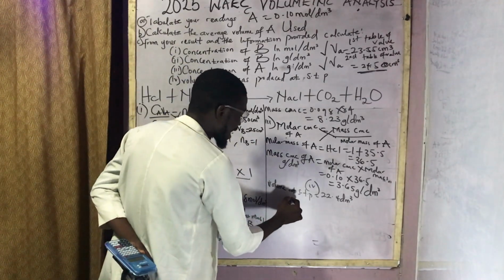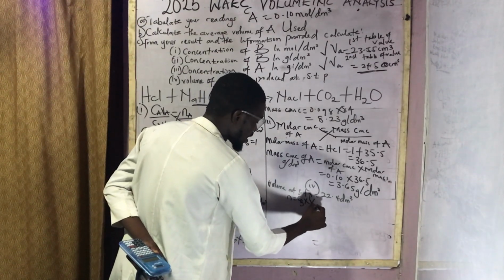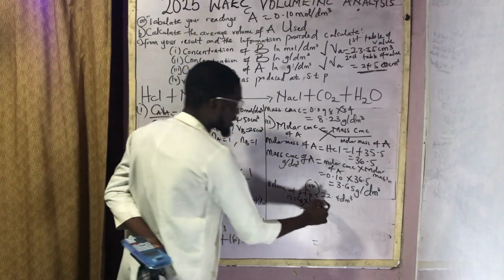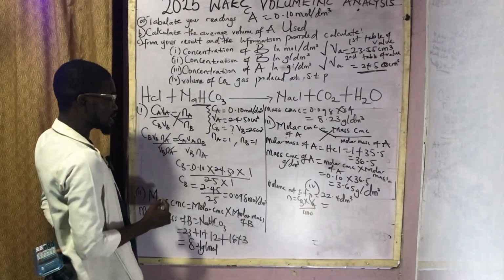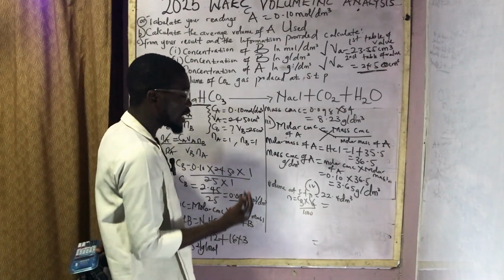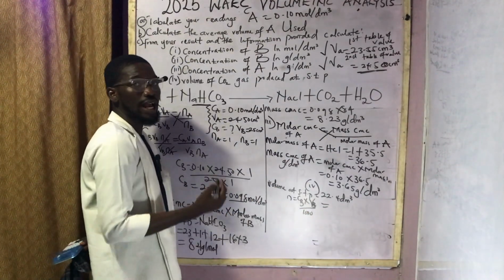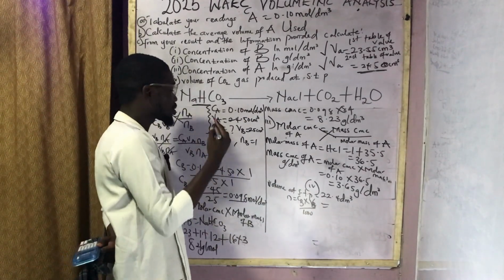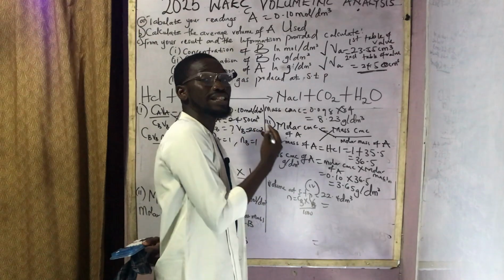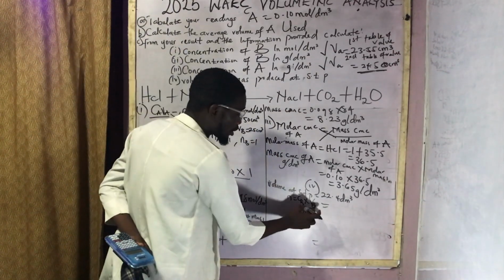So you can set N equal to CB multiplied by VB divided by 1000. Our CB value is this one. Then the volume, since we are calculating for the base, will be the volume of the base. The volume of the base from the pipette is either 20 or 25, but since we have made use of 25 here, we are going to have 25.